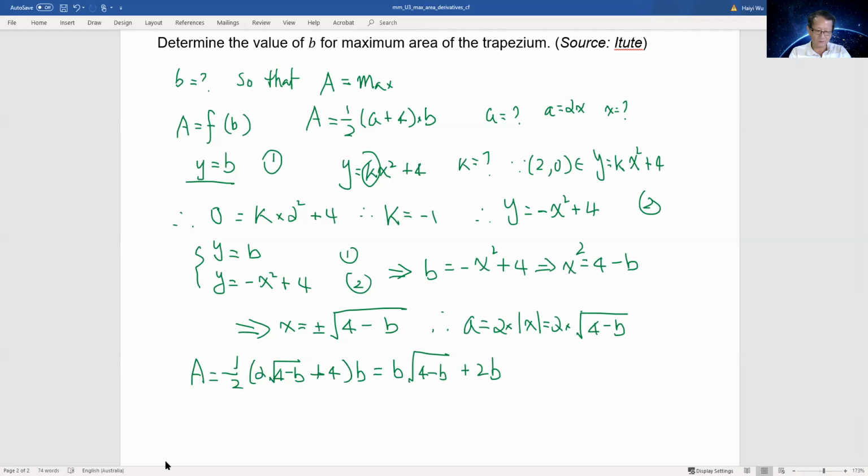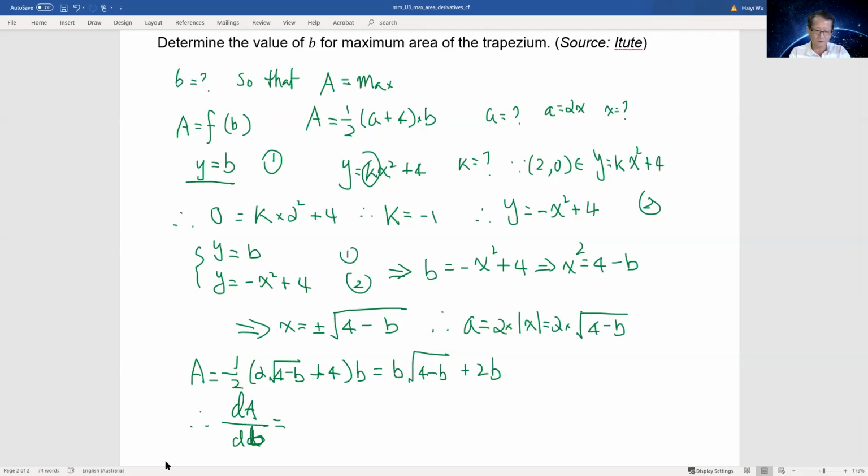Now, because we want to find the maximum area, we differentiate A with respect to b. So the first thing we know is product rule.